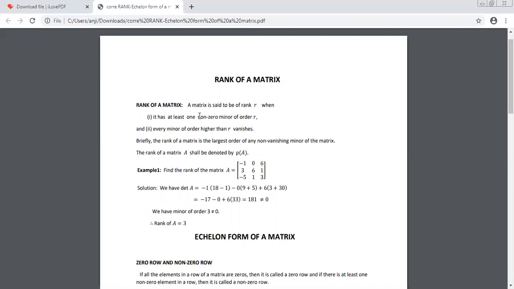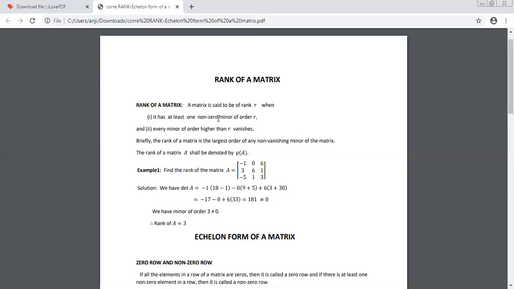The meaning is, if you observe the first condition, it has at least one non-zero minor of order r. So what is this minor of order r? A minor of order r is nothing but the determinant of an r by r matrix.